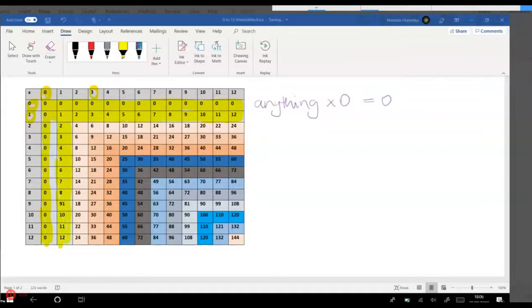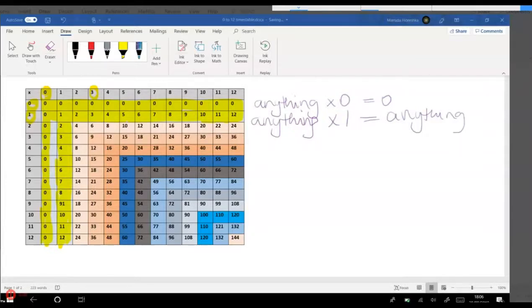So 1,000 times 1 is 1,000, 1 times 550 is 550. So in terms of this, anything times by 1 is equal to the number itself. So 5 times 1 is 5.